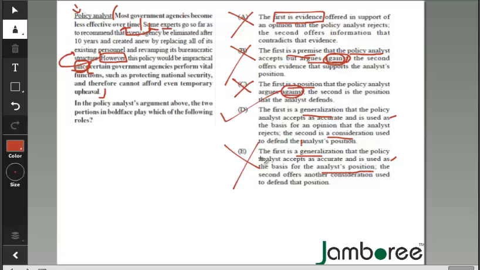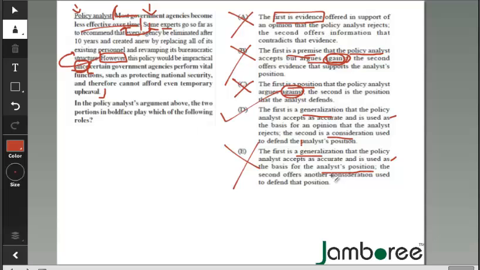Now if you read option E, it says the first is a generalization that the author accepts as accurate, and the basis of the analyst's position. It is not the basis of the analyst's position. Actually the statement is not a basis of anything. He has just made this statement, that's it. The paragraph throughout is not about this sentence at all.